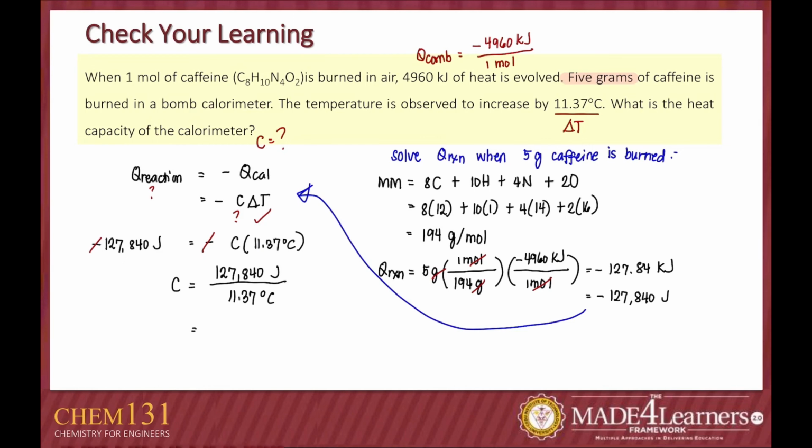The answer is 11,243.19 joules per degree Celsius. But also, we can still express it in terms of kilojoules. Pwede ra sad gihapon. And that would be 11.24 kilojoules per degrees Celsius. So this is the heat capacity of the calorimeter.